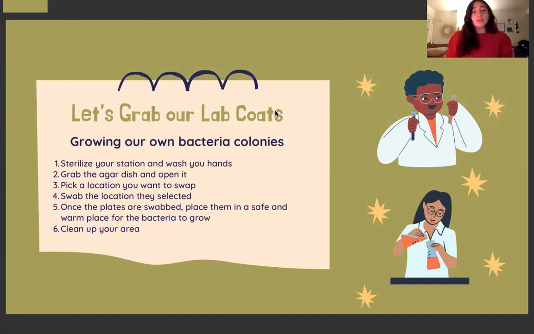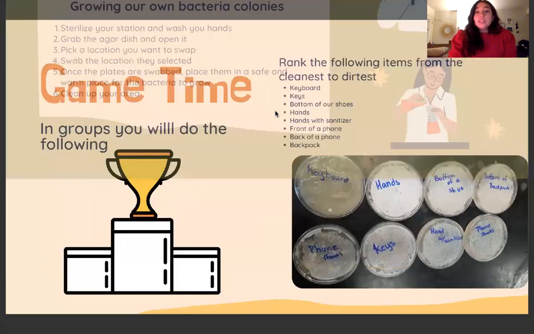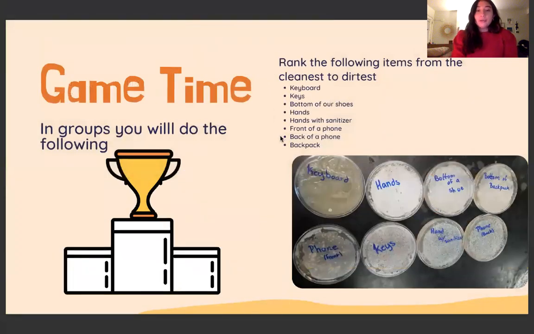And once you're done with that, you're going to close the dish, discard of the swab, and then you're just going to let it sit in room temperature, and over time you should see that bacteria colony grow. And then the last step is just making sure that you clean up your environment.